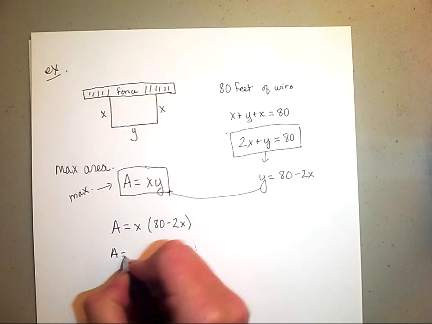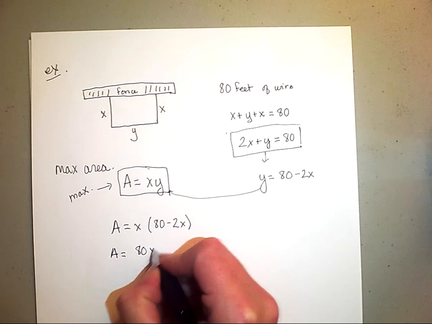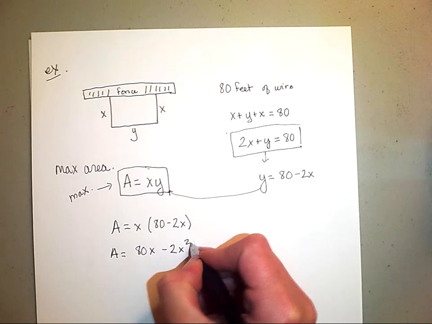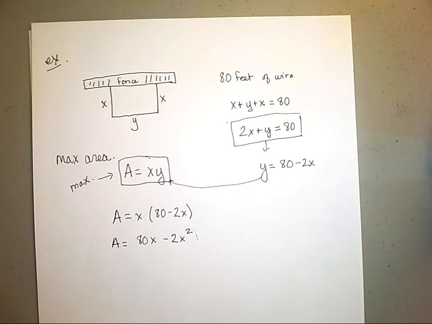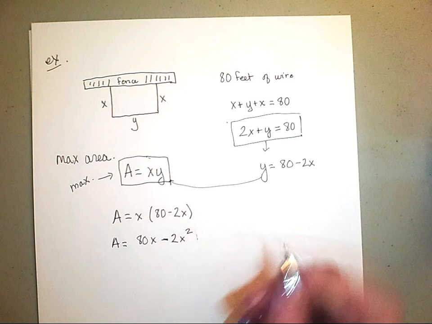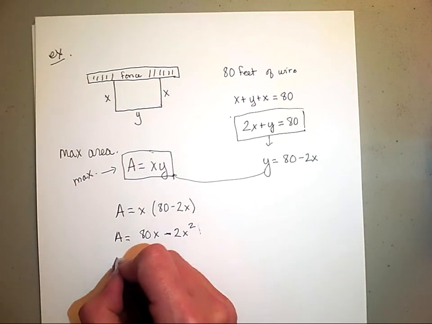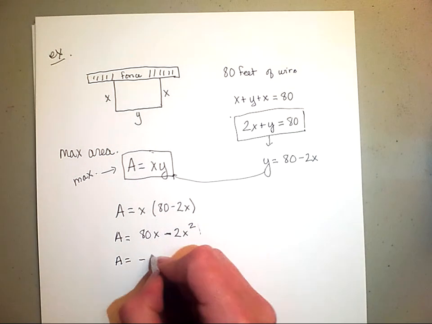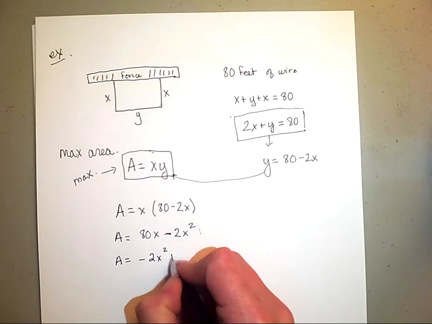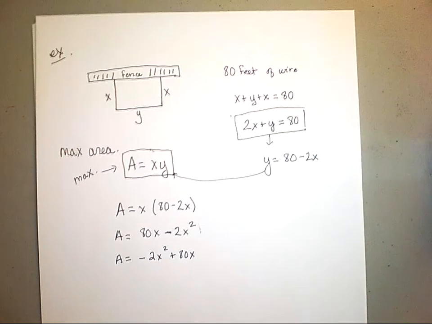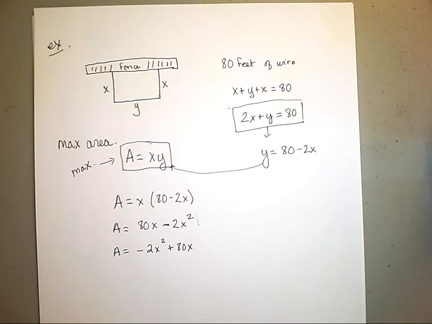So we know that the area is 80x minus 2x squared. Another way of looking at this is quadratic. We could write it as negative 2x squared plus 80x.